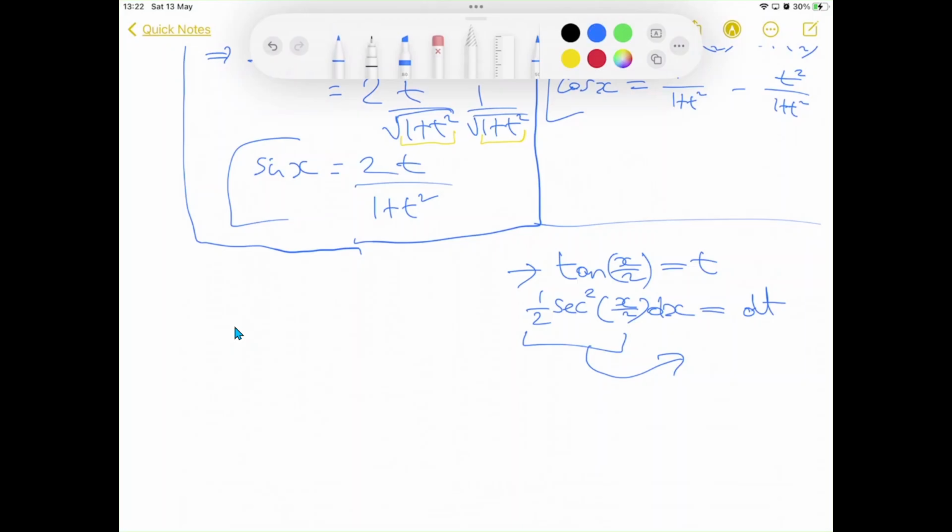I think. Am I making a mistake? Oh well, let's just rub this out and do the thing that I was doing earlier. So x equals 2 arctan of t, and dx is equal to 2 over root 1 plus t squared dt.